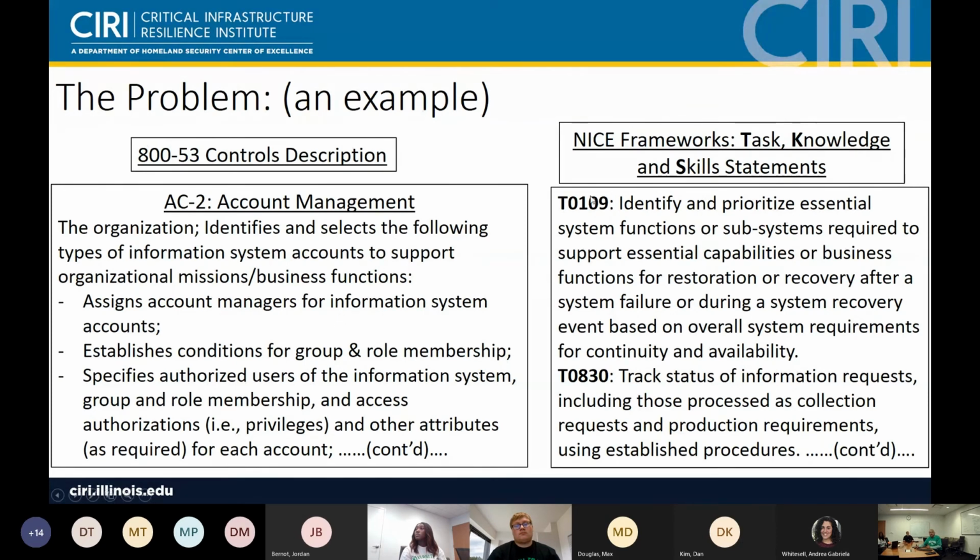On the other hand, if you look at the TKS, the task, knowledge, skill statements, they would look something like this. The task would talk about identify and prioritize essential system functions or subsystems required to support essential capabilities or business functions, and so on and so forth. So the job is to find out what control requires support from which task, knowledge, or skill. That's the matching situation that we need to work on.